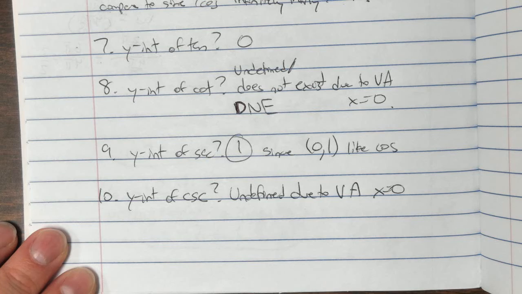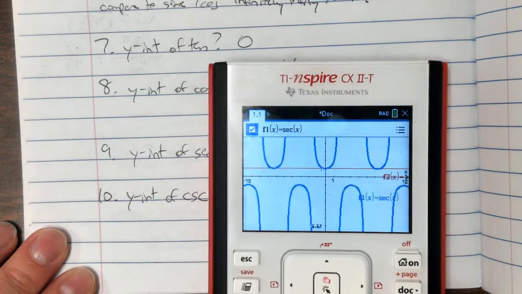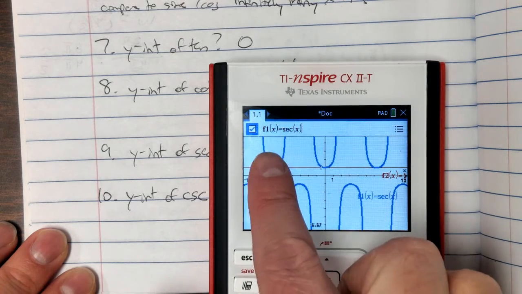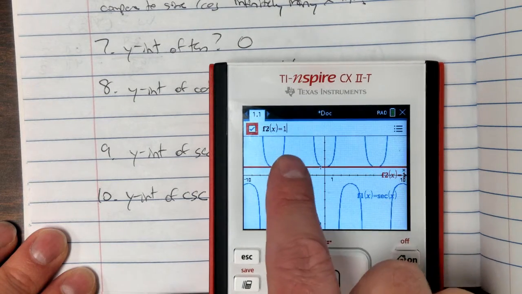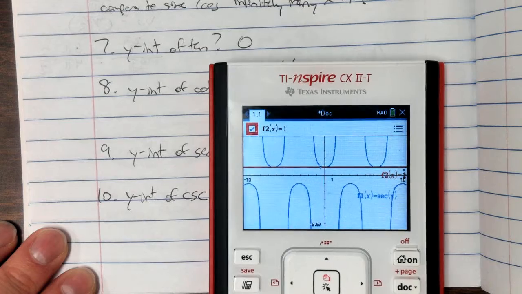Okay, so what I did was on the calculator I put sec x, and that's blue, and then I put 1 for that line.